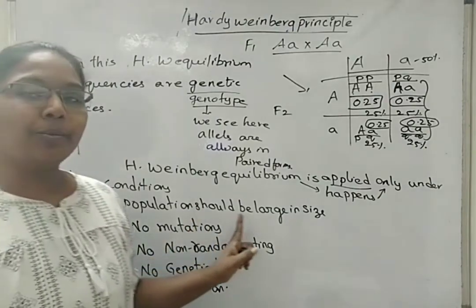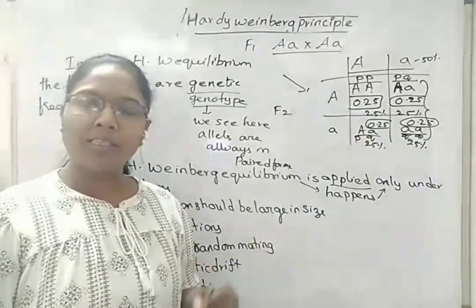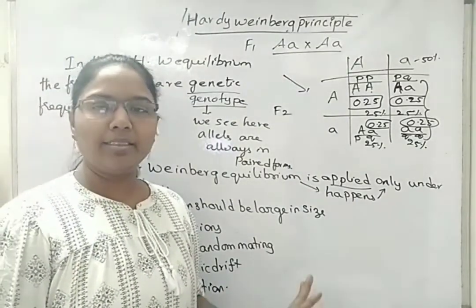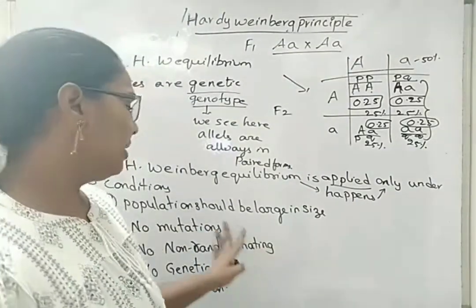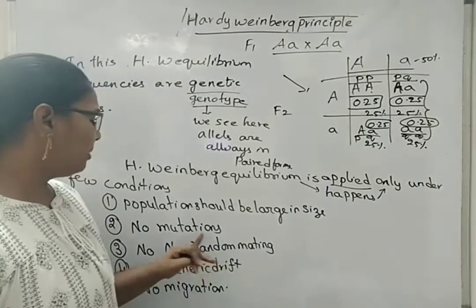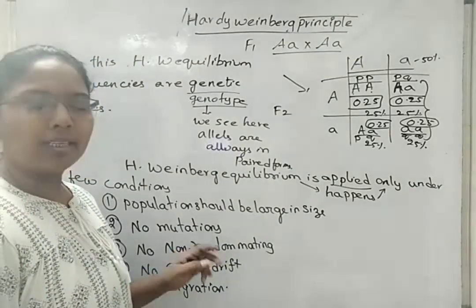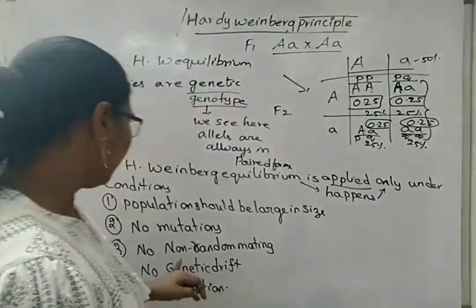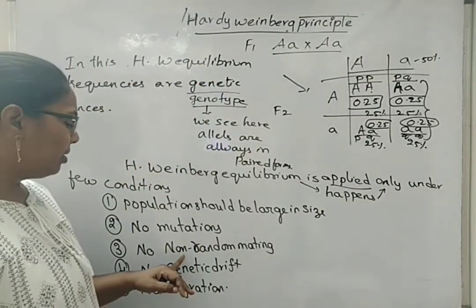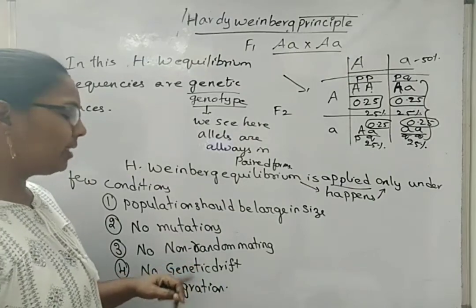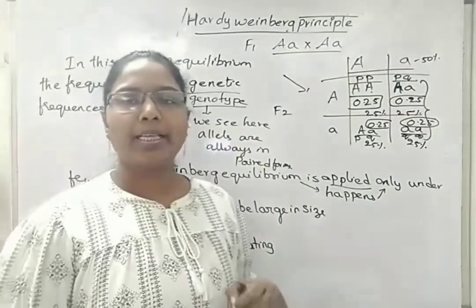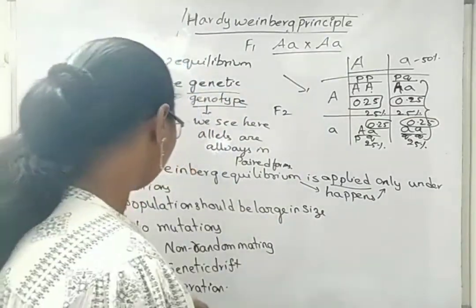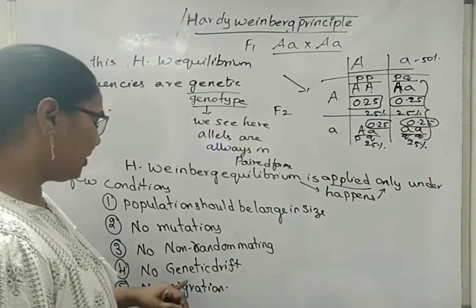So population should be large in number. For suppose, if the population is already small, if some of the organisms have died, then the frequencies will be differentiated. There should not be mutations. If mutations are there, there will be change in the gene pool. Next, no non-random mating. All organisms should be able to express random mating only. Next, there should be no genetic drift.